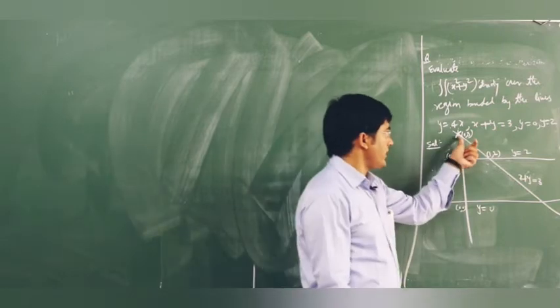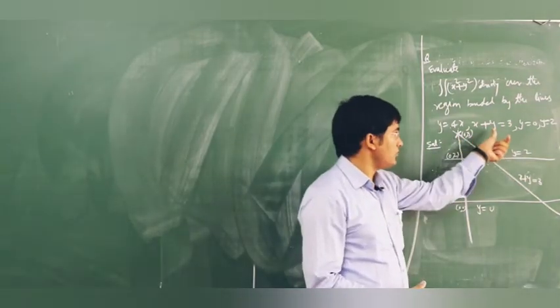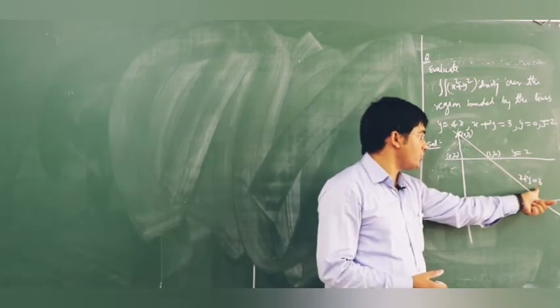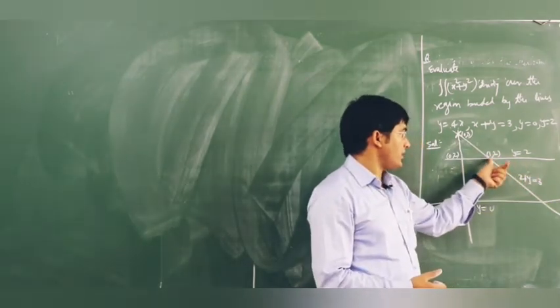Now if you put y equal to 2, then your x is 1, so this is your (1, 2), and at this point your x is 0, so we have y equal to 3, so this will be your (0, 3). At this point we have x equal to 0, so our y will be 3, and at this point is the intersection of x plus y equal to 3 and y equal to 2, so here we have x equal to 1.